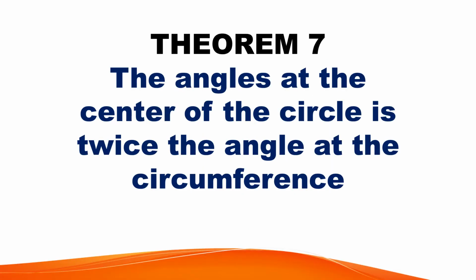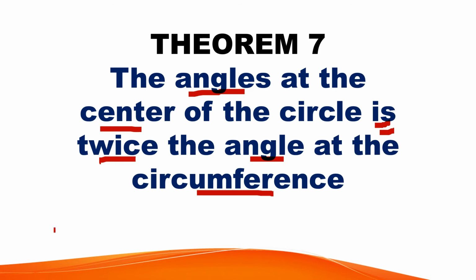Theorem number 7. The angle at the center of the circle is twice the angle at the circumference. So, isa-isahin muna natin yung theorem na to. So, merong dalawang parts ng circle ang involved. Angle at the center, tawag doon ay central angle, is twice the measure of the angle at the circumference. So, yung angle at the circumference is also an inscribed angle.